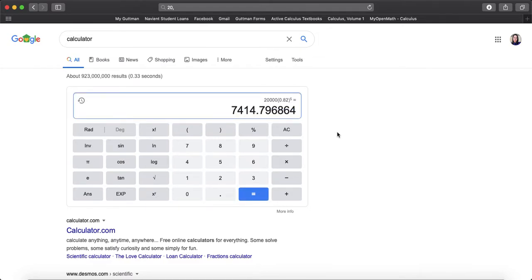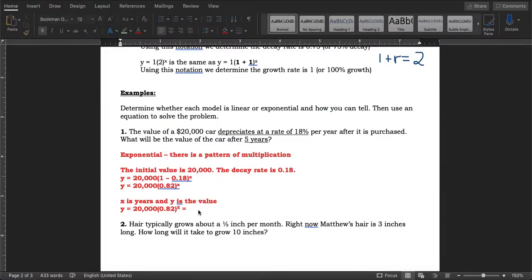It's about $7,414.80. So that will be the value of the car after 5 years.